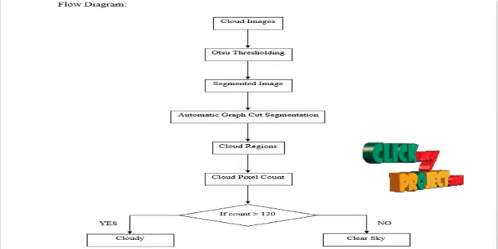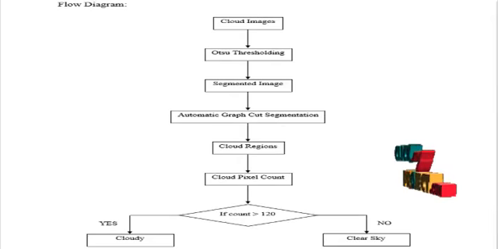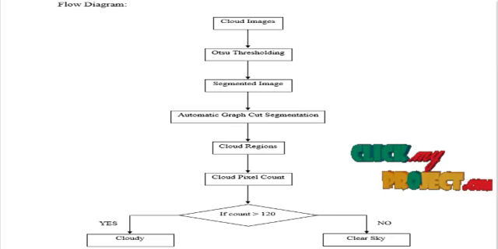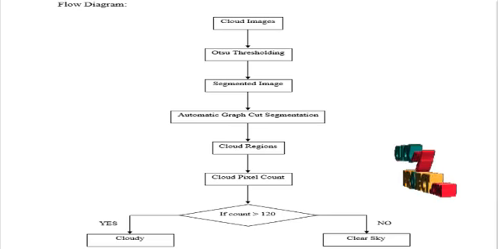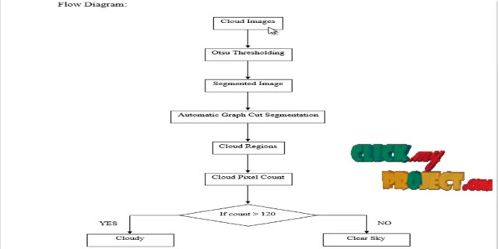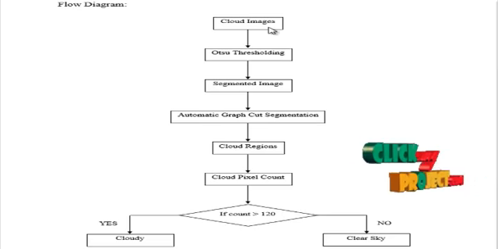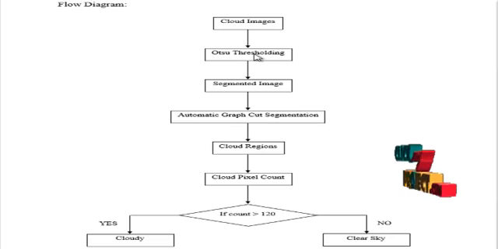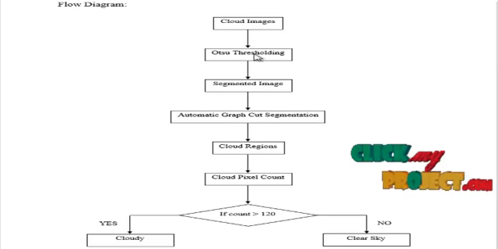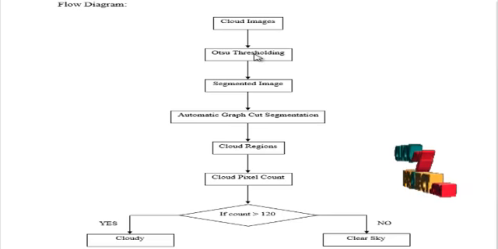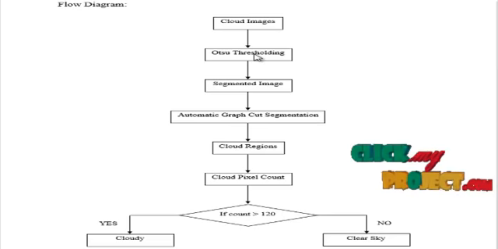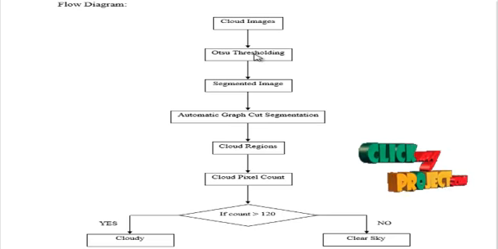Let us see the flow of the process. The input for the proposed process is the captured ground-based cloud images. The cloud images are first taken as the input. After that, based on R by B thresholding of the images, the image pixels that contain the cloud regions are identified.